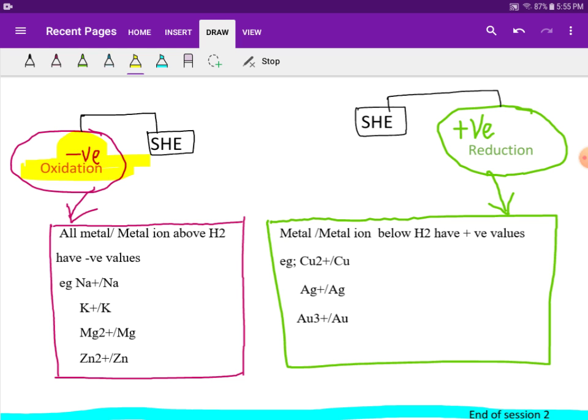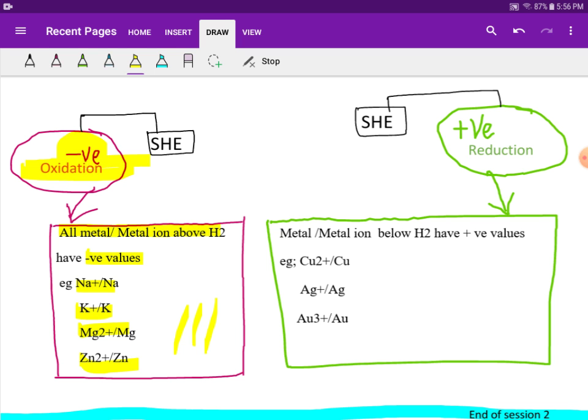All the metals that lie above hydrogen, that are more oxidizable or more electropositive than hydrogen, are said to possess a negative single electrode potential or negative reduction potential. Examples are Na plus | Na, K plus | K, Mg2 plus | Mg, Zn2 plus | Zn, and various others, like lead 2 plus | lead, nickel 2 plus | nickel, etc.